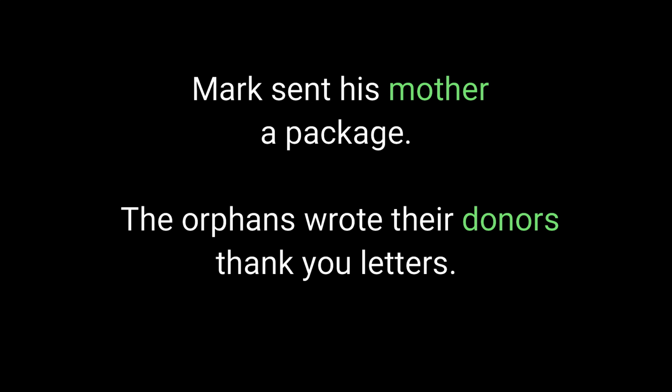Mother. Therefore, mother functions as indirect object. The orphans wrote their donors thank you letters. For whom did the orphans write thank you letters? Donors. Therefore, donors functions as indirect object.